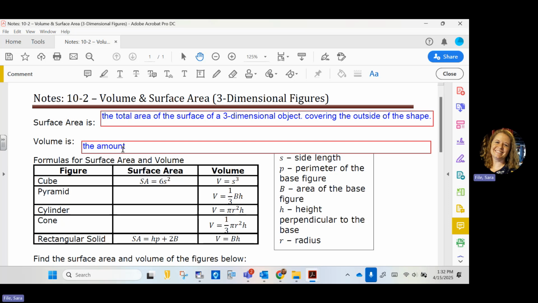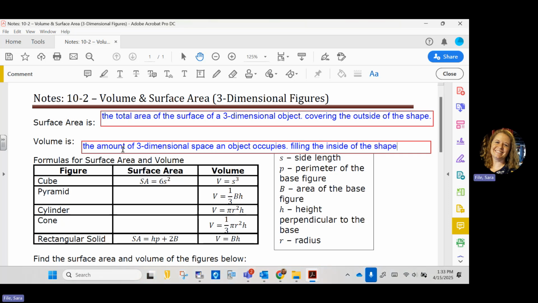The volume is the amount of three-dimensional space an object occupies. It's filling the inside of the shape.